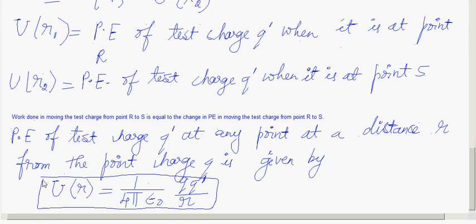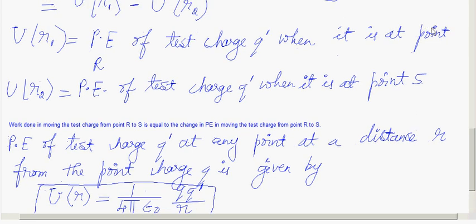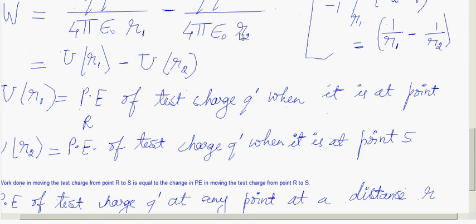The potential energy of test charge Q dash, which is at a distance r from the point charge Q, is given by 1 by 4 pi epsilon naught into Q Q dash by r. So this is the generalized formula for potential energy of a test charge which is at a distance r from the point charge.